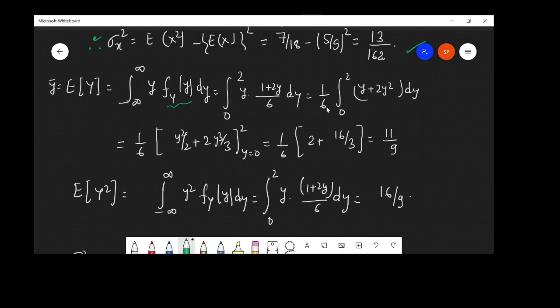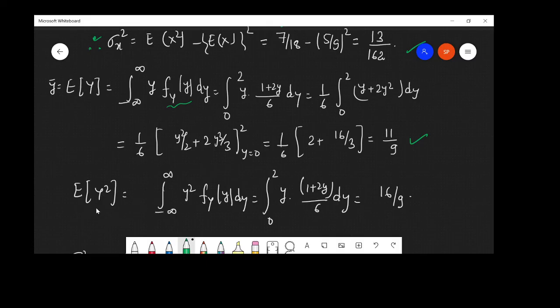Here we write 1 by 6 outside and multiply y inside, so it is coming (y plus 2y square) dy, and after simplifying and substituting the limit of y, we get 11 by 9.